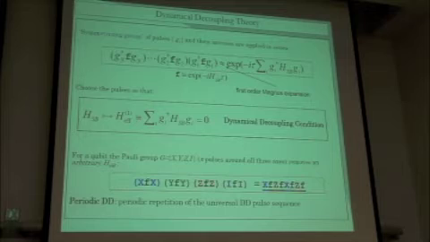All right, so how does this work for a qubit? What is the most general thing that can happen to a qubit? The most general thing that can happen to a qubit is a system-bath Hamiltonian, which involves sigma x, sigma y, sigma z. Right? Nothing more general than that can happen to a qubit.